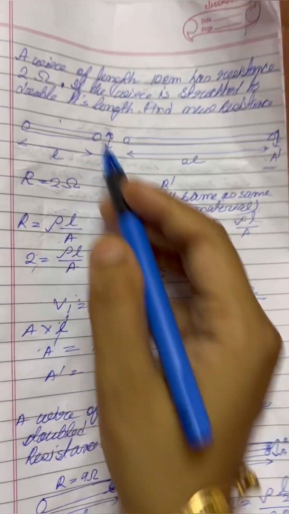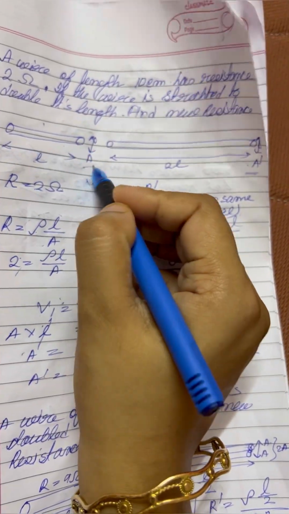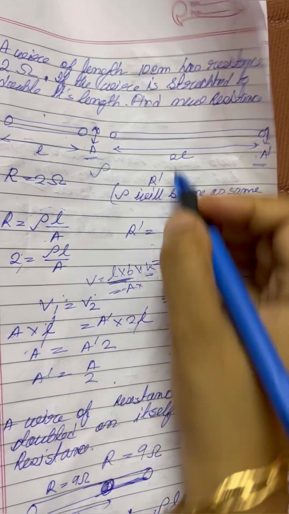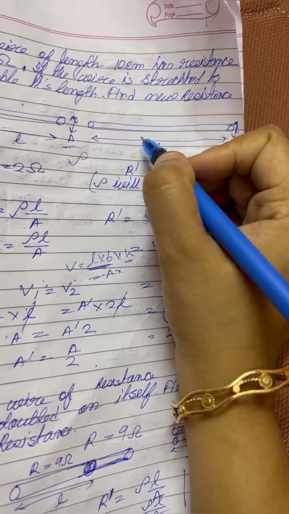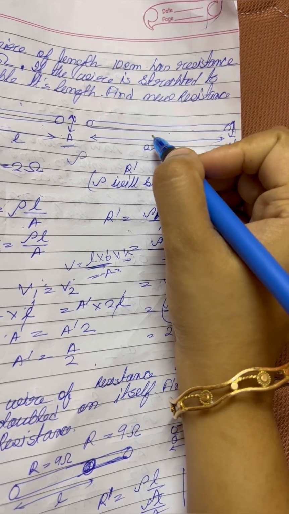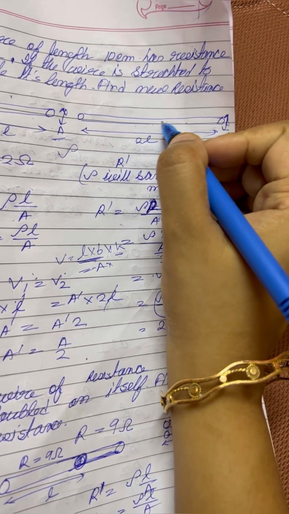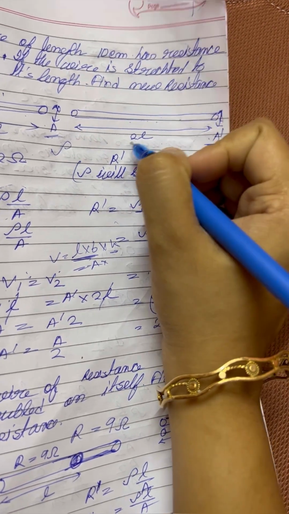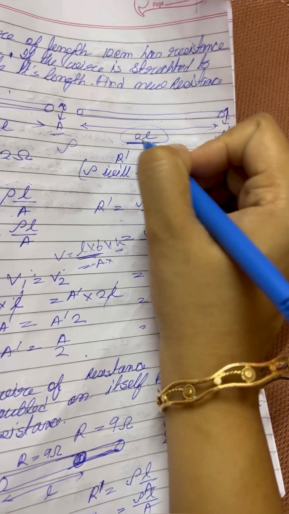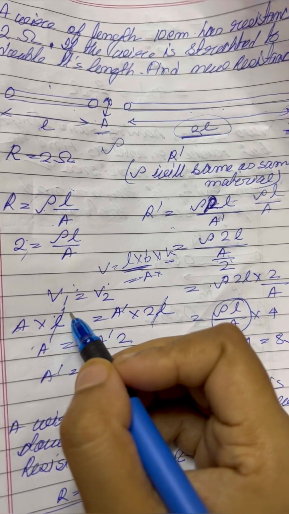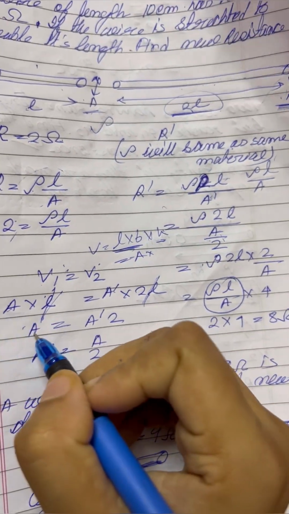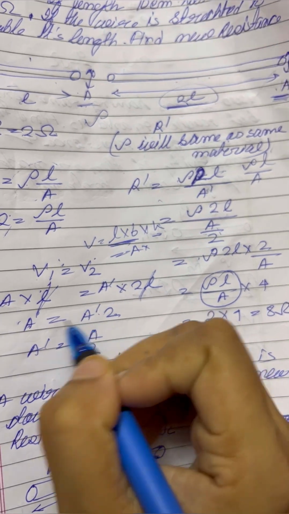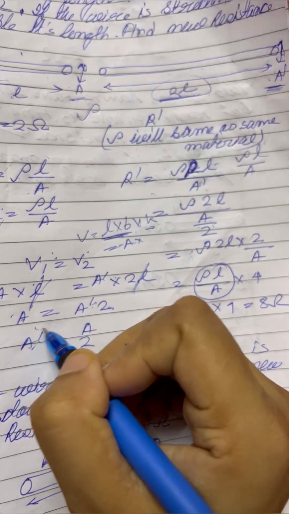So V1 for this wire is area A times length L. For the other wire the volume is V2, length into breadth into height, so the area A dash and the length 2L. That's why L and L cancel from both sides. So A is equal to A dash into 2. So A dash is equal to A by 2. So we have found the value of A dash.